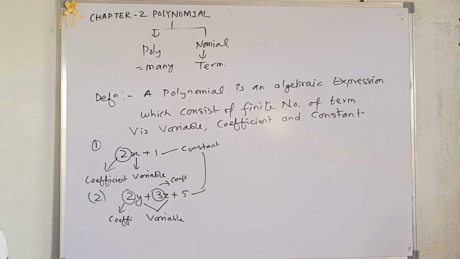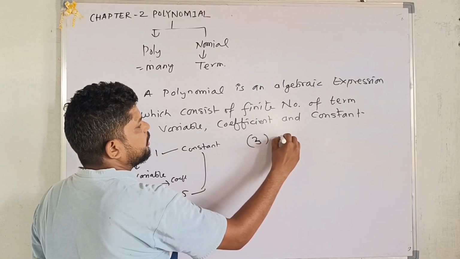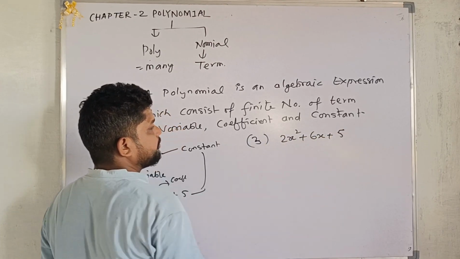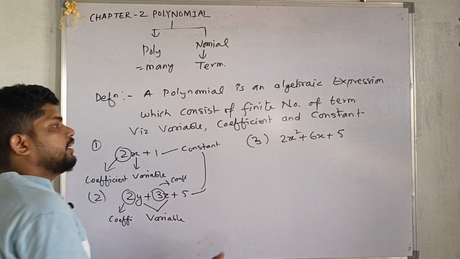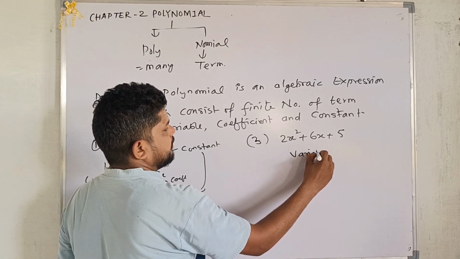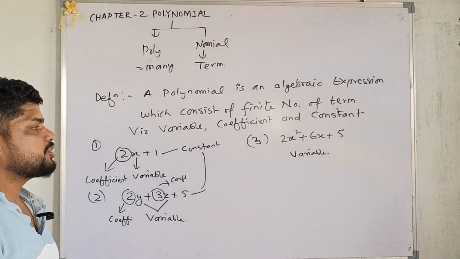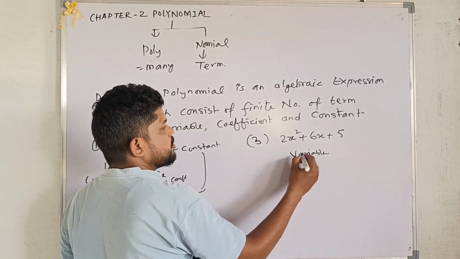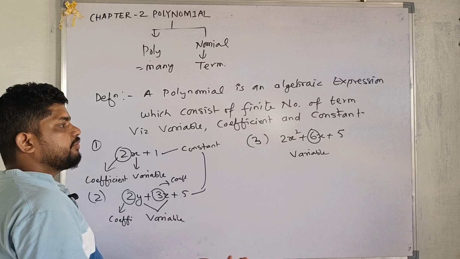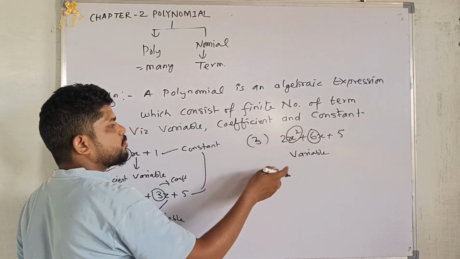Okay, suppose I am writing an algebraic expression like 2x square plus 6x plus 5. Here the variable is x. Now if someone asks you what is the coefficient of x, you should say 6 is the coefficient of x. Sometimes the examiner asks you what is the coefficient of x square.